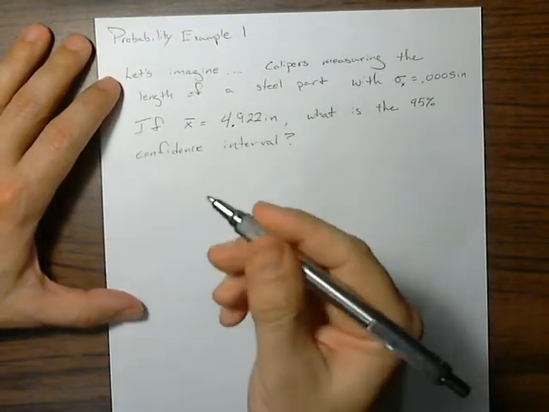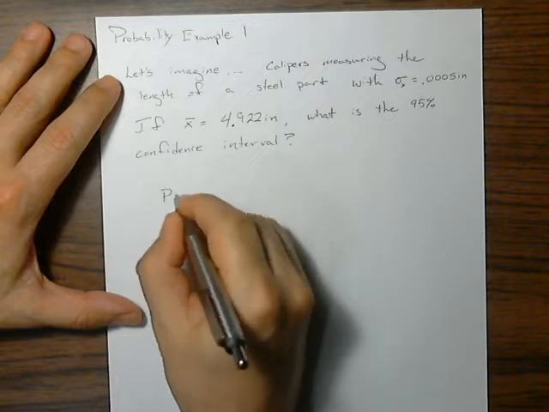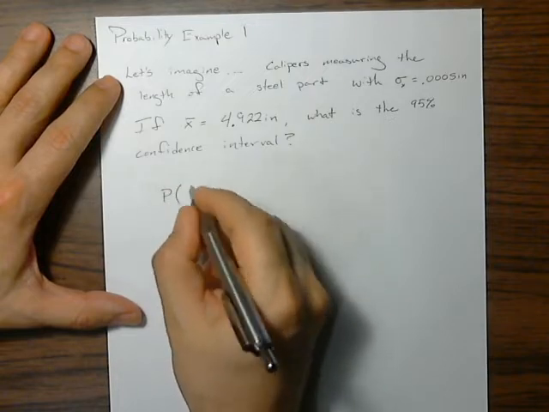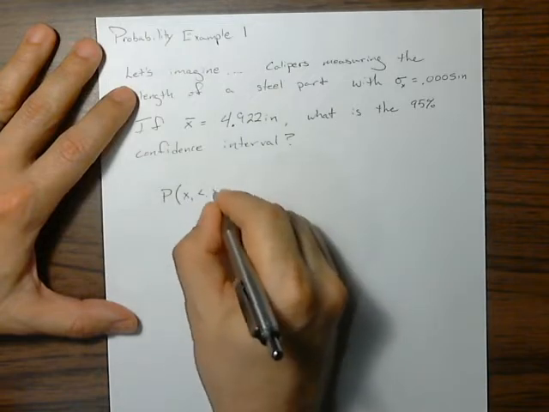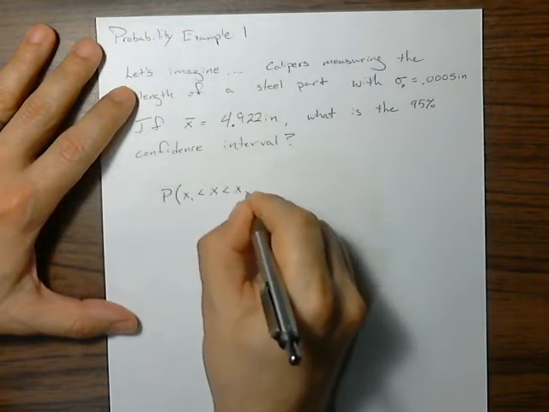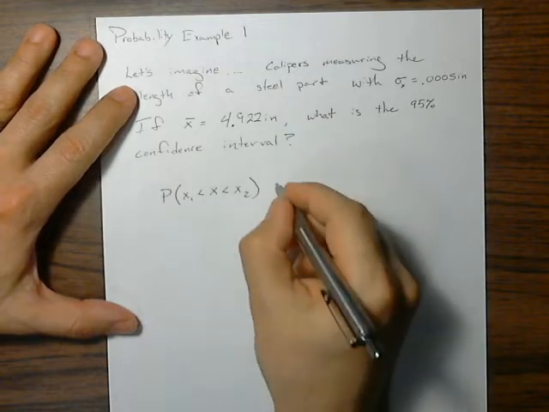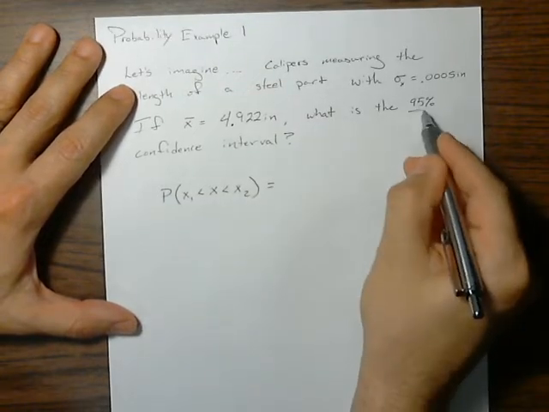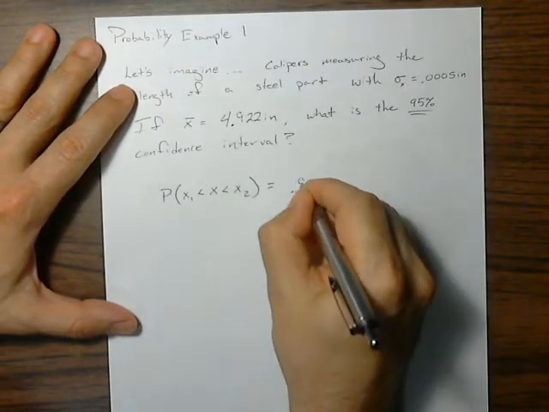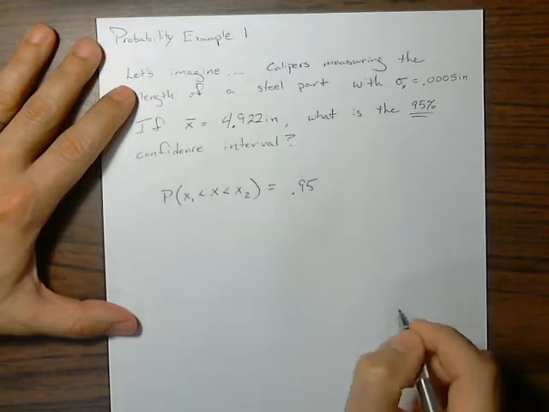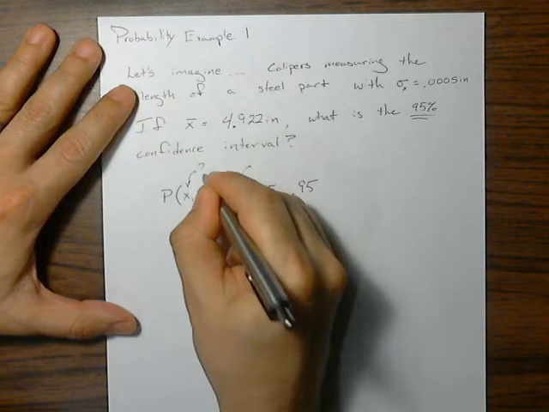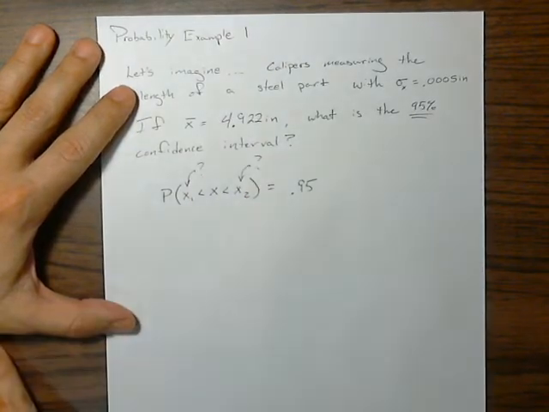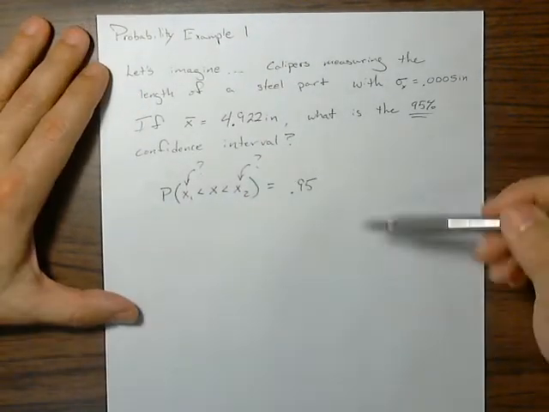So far we've learned how to say, all right, what is the probability that x is between x1 and x2? We've learned how to do that, and now we want it to be 0.95. So the question is, what are x1 and x2? In this example problem, we have to go backwards.